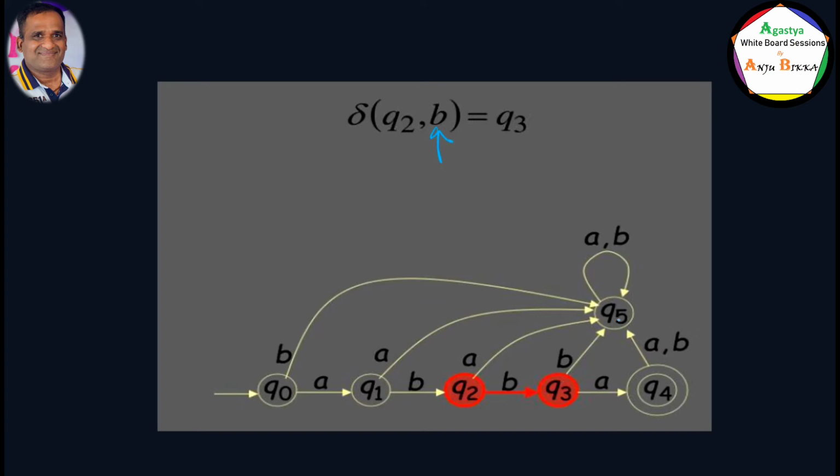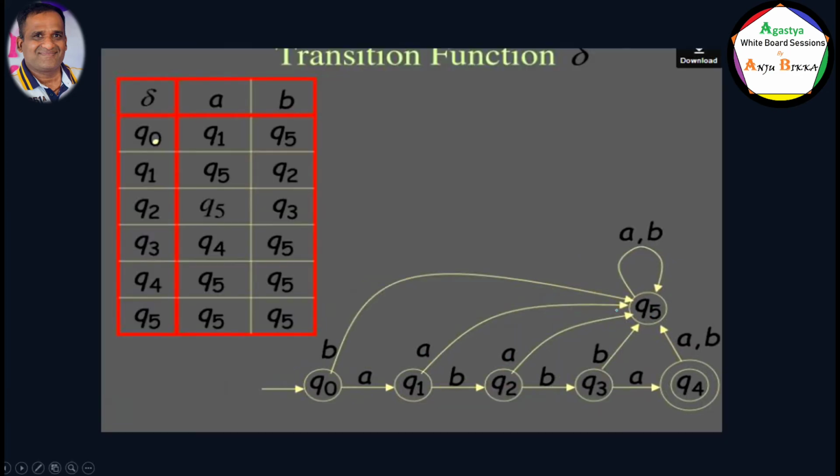If the input is A, the next state is Q5. All these transitions we are going to represent using the transition table. So the transition function, Q cross sigma to Q, is represented by the transition table.